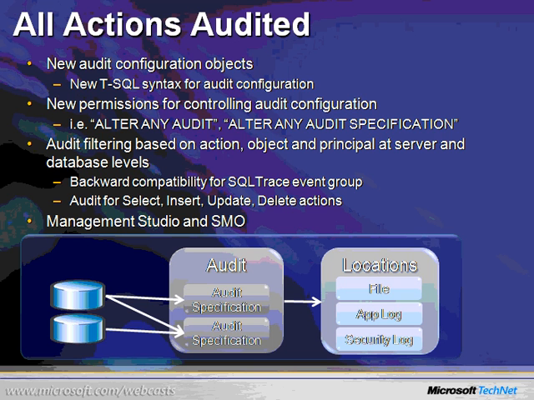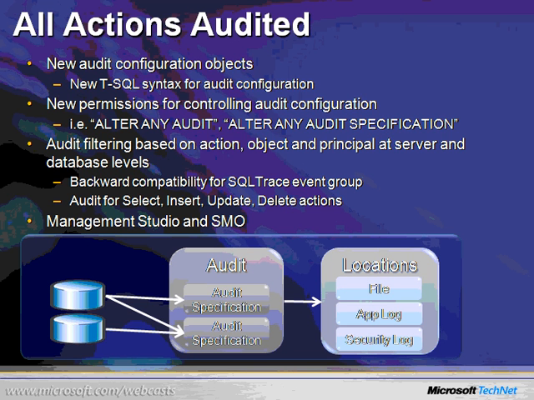You set up a new object in the system called an audit object. That's that big box in the middle that says audit. What that object defines is where should I log to? You have 3 choices of where to log. You can log to a file. That file could be local on the server or it could be out on a file share.